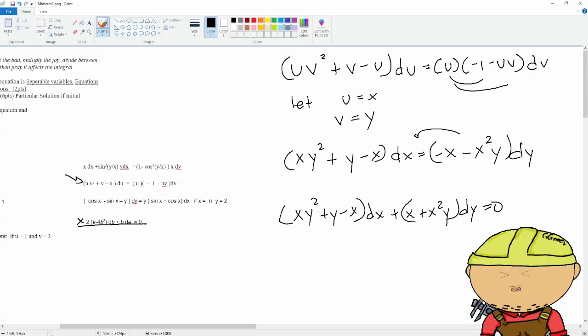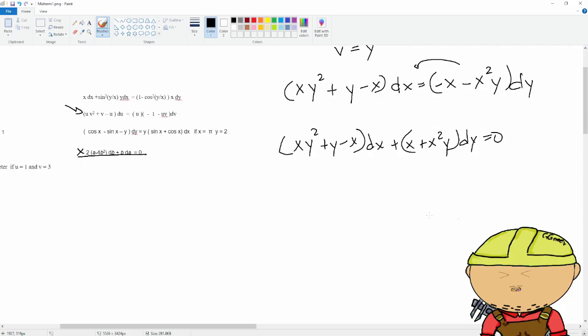This is obviously not homogeneous because each term is not the same degree. Separable, okay. I'm seeing an x squared and a y squared, so it's not going to be linear. So for this one, we're going to try an exact equation. M with respect to y is the differential with respect to y of x y squared plus y minus x, which becomes 2xy plus 1.